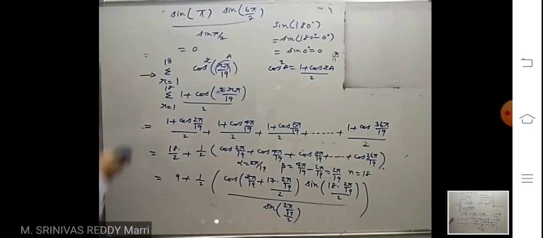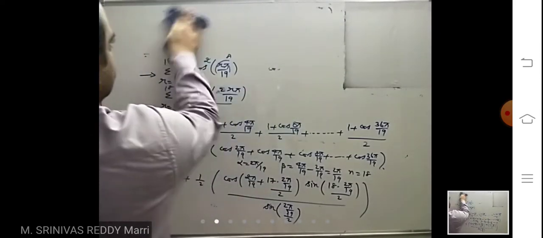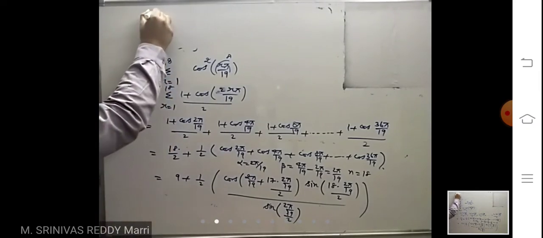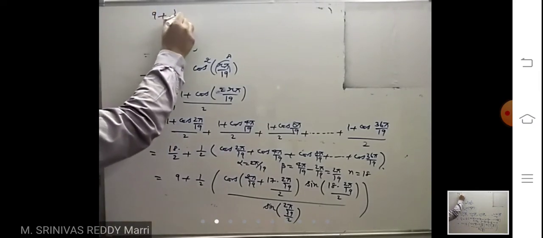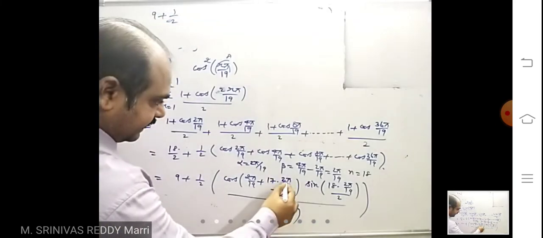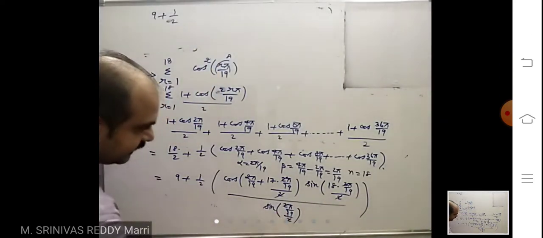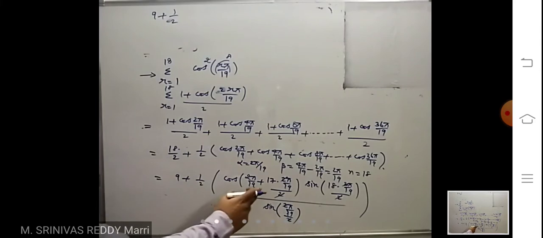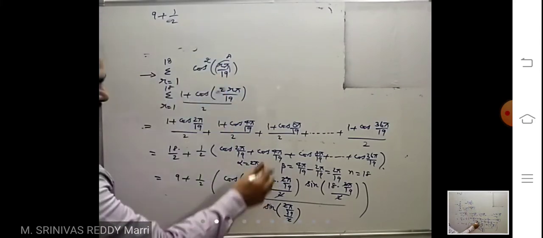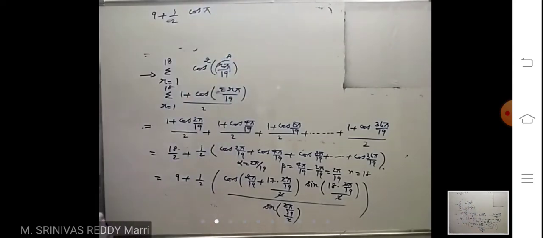In that formula, just substitute. Then 9 plus 1 by 2 into this, this 2 will get cancelled. So what you will get here is 17 pi plus 2 pi, 19 pi by 19, which means cos pi.